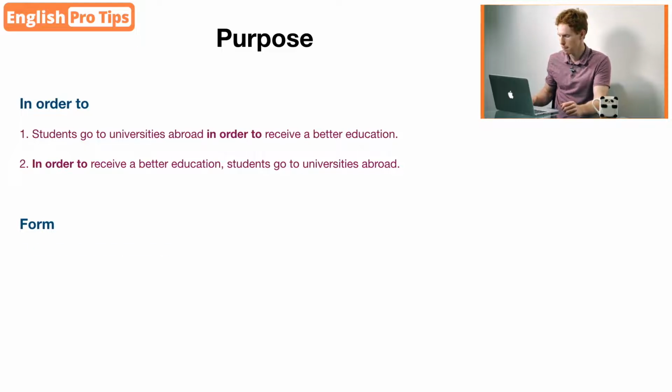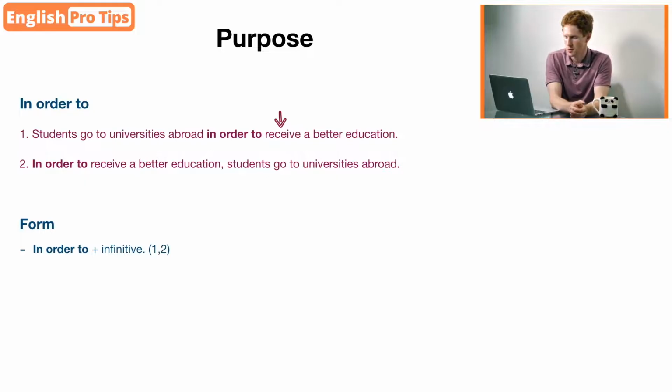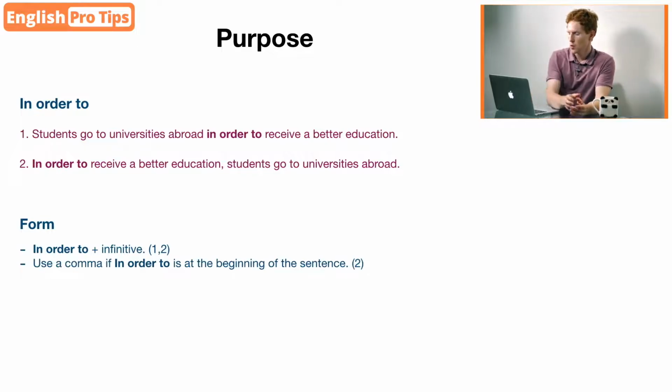What about the form? We use in order to plus the infinitive. So in sentence number 1, we can see in order to receive a better education. And in sentence number 2, in order to receive a better education. We use a comma if in order to is at the beginning of the sentence. Again, we can see that in sentence number 2.